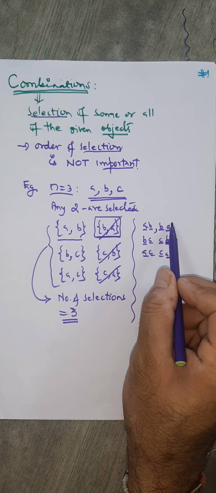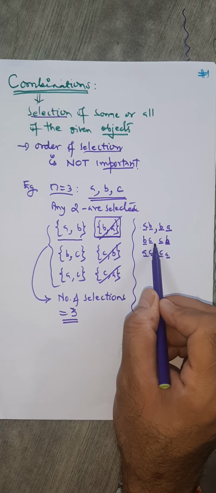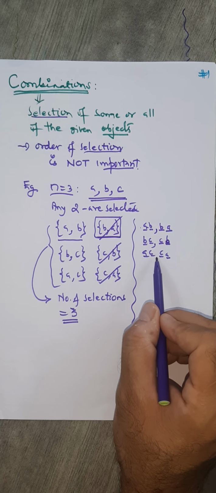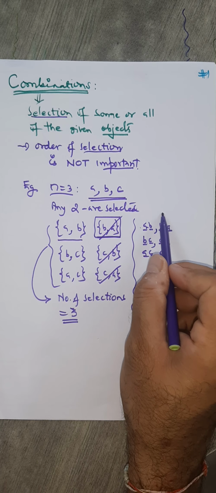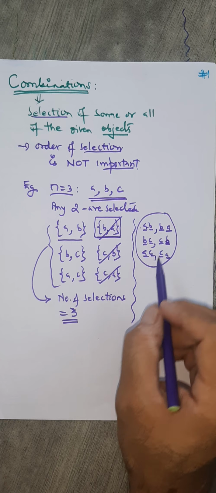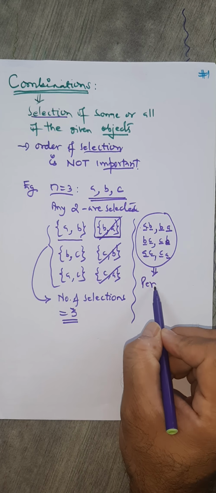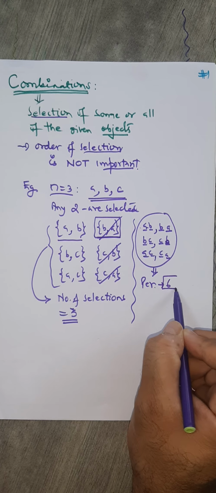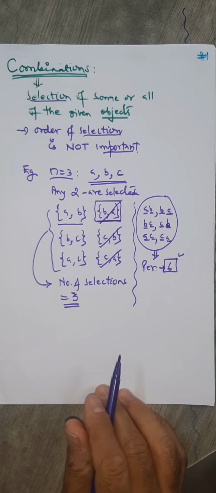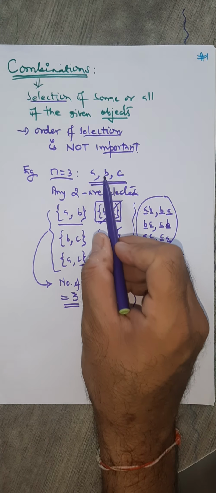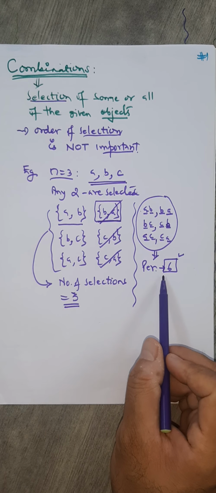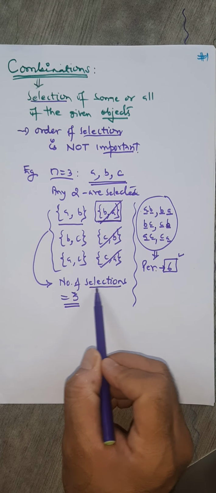So these and these are considered as different. In that case, you have 6 permutations. Number of permutations, that is arrangements, equals 6. 6 permutations can be made out of 3 objects taking 2 at a time. Here how many selections can be made?